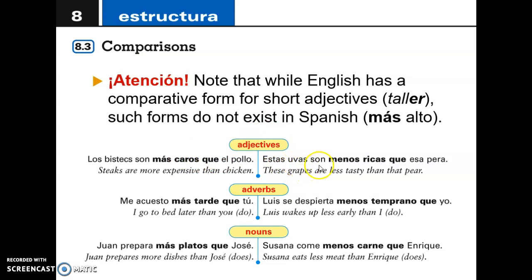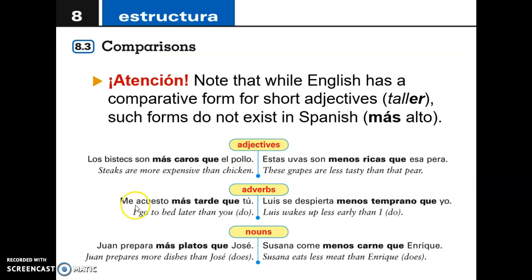Estas uvas son menos ricas que esa pera. These grapes are less tasty than the pear. Okay, so in this case we say menos. Más, menos. Caros, my adjective. Ricas, my adjective. And the word que, that in English means than. In here, more expensive than, less tasty than.